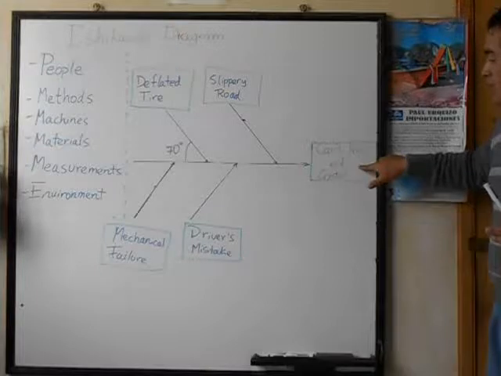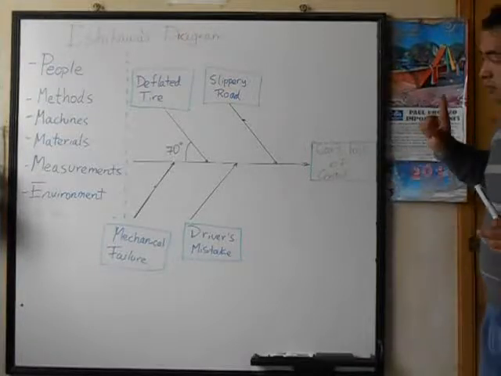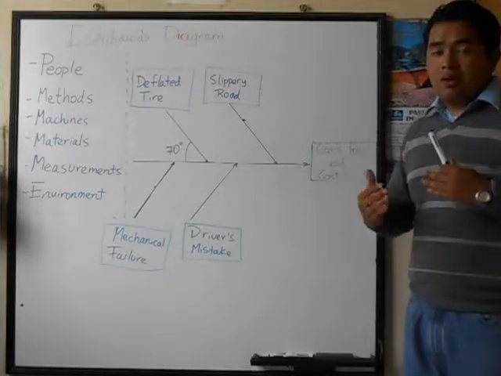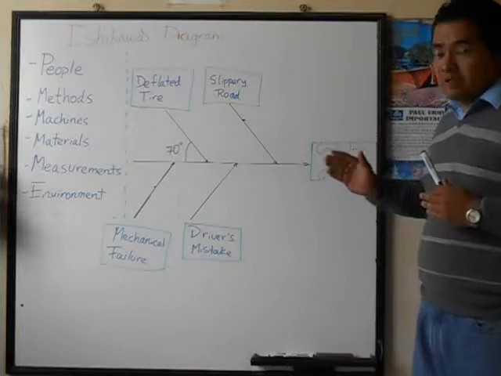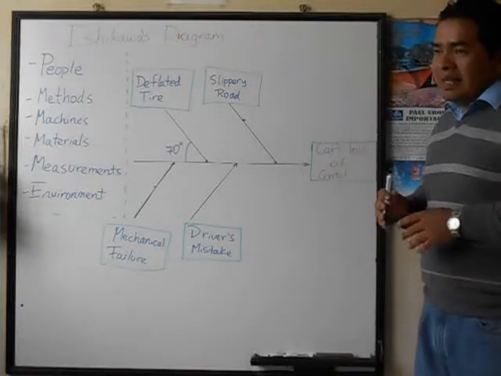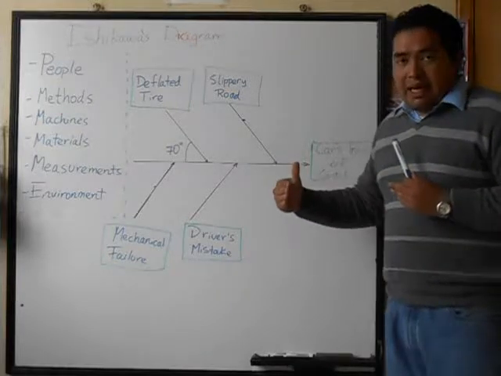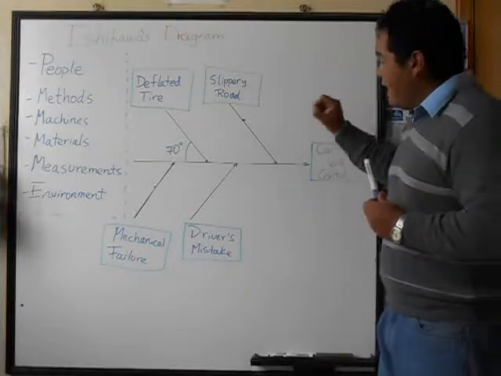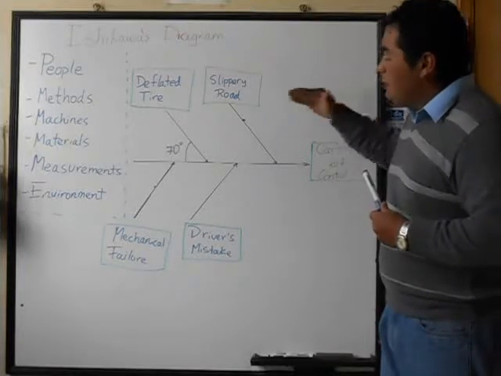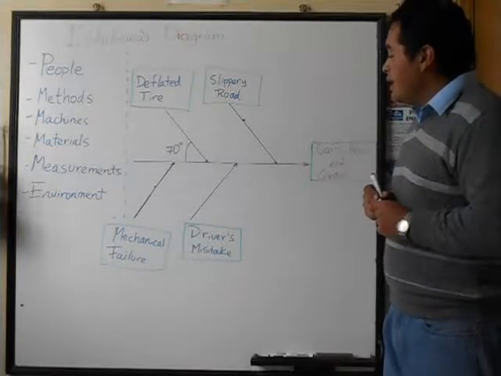This is the effect, and now we are going to draw other sub-causes of this accident, of this problem. Or in the imaginary case that we are the investigators, we are going to write down the sub-causes.